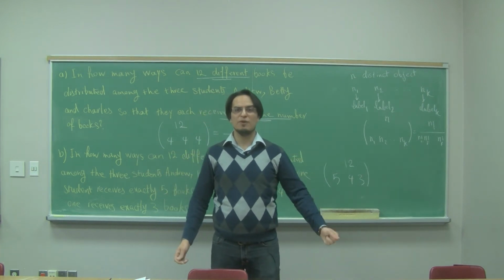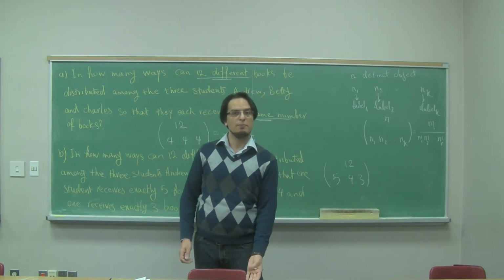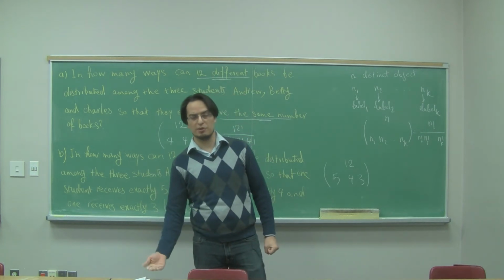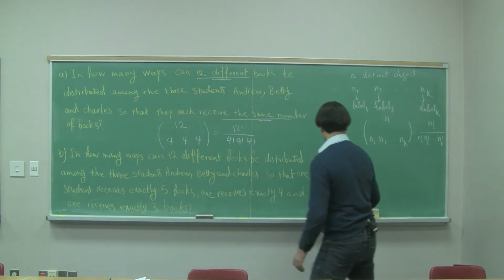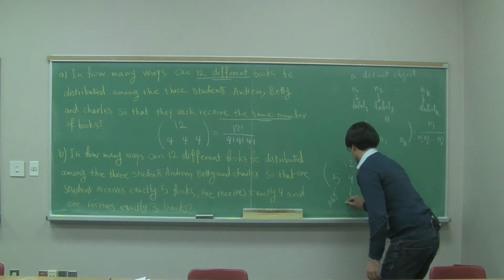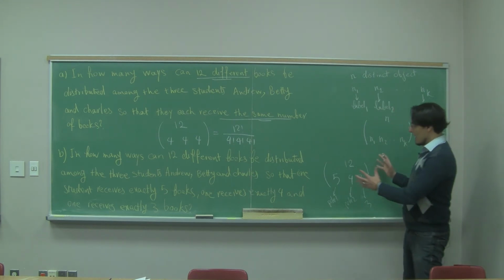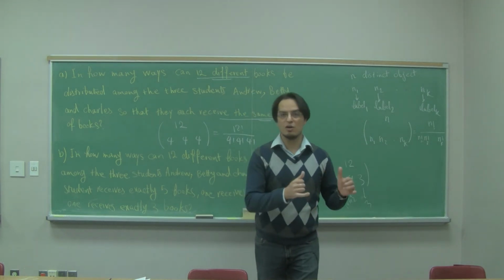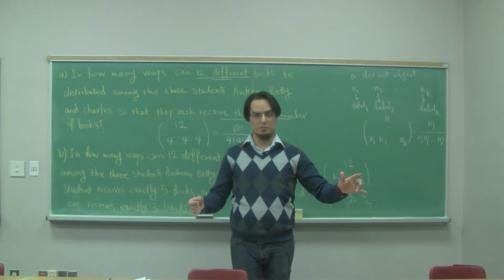The books with label 5 go to the pile of 5. Books with label 4 go to the pile with 4 books, and books with label 3 go to the pile with 3. So basically, step 1 is pile 1, pile 2, and pile 3. This way, we have found the number of ways we can make piles of 5, 4, 3 books out of these 12 different books.